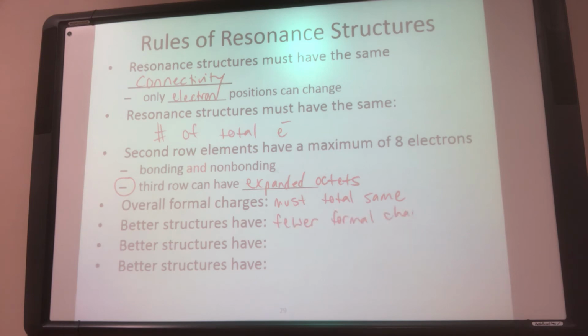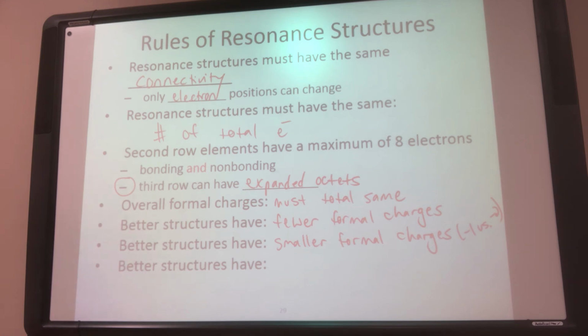Remember I said that what I want is for them to have 0. The best thing would be zeros. If I have to have a formal charge, I want it to be small. So better structures have smaller formal charges. Smaller meaning -1 versus -2. -1 would be better than a -2.